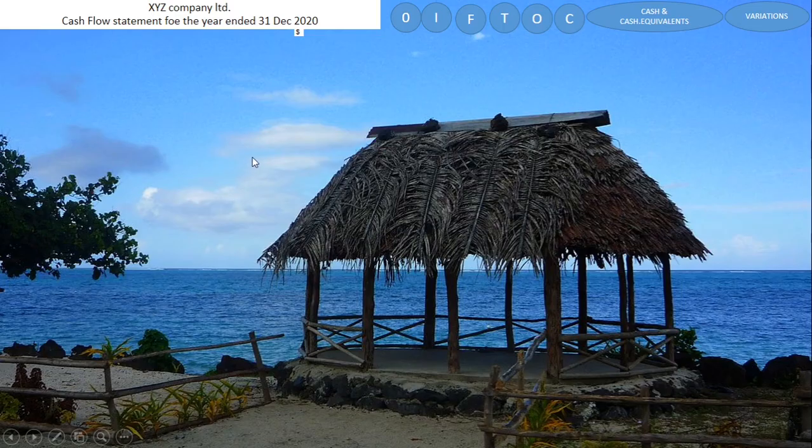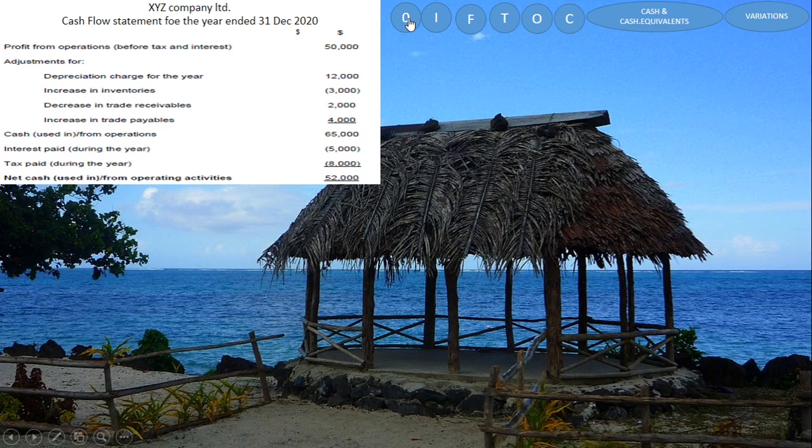Moving forward, let us have a look at the cash flow statement in a combined form with all the three components. This is your cash flow from operating activities. You start from profit from operations, and the result is net cash from operating activities, 50,000 positive.